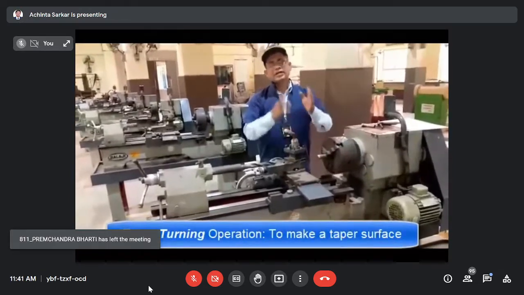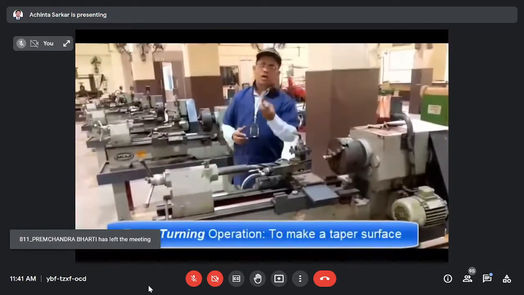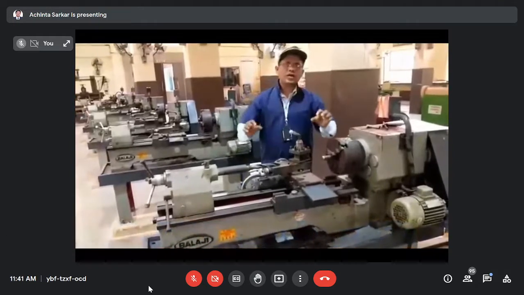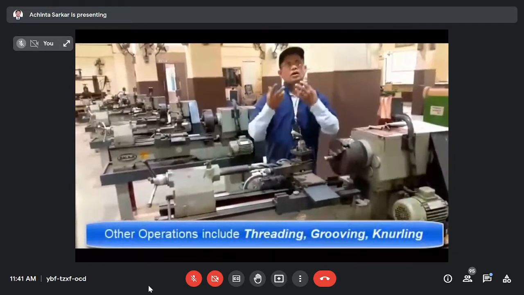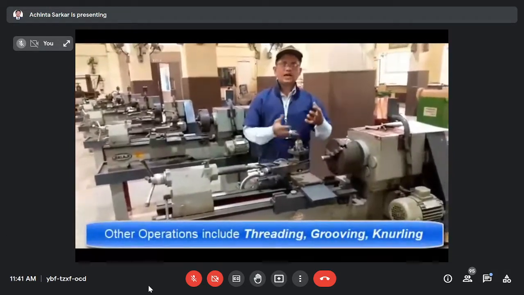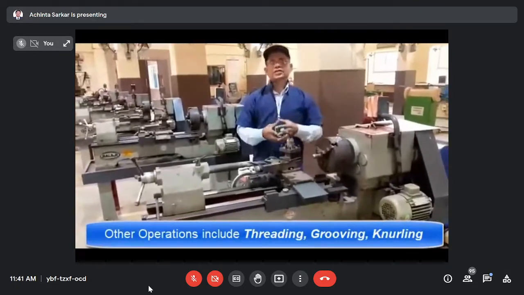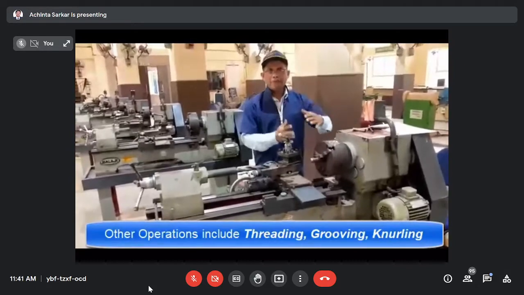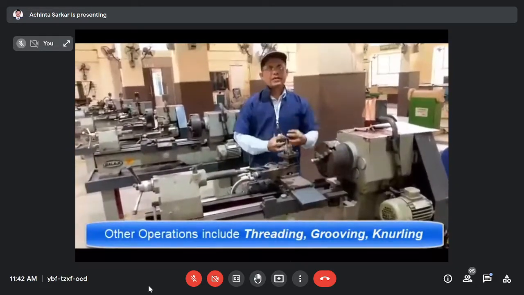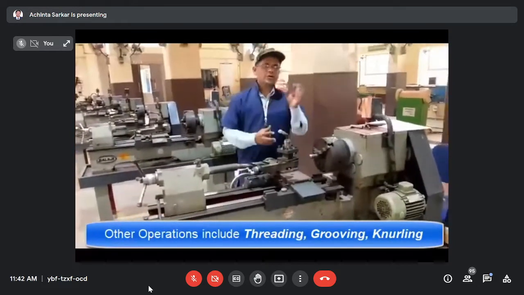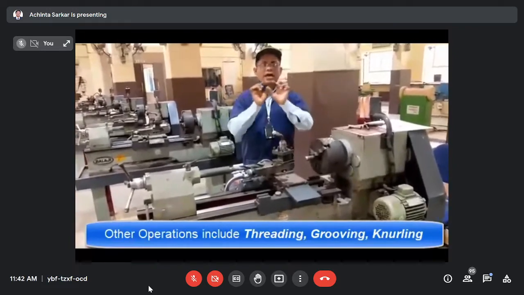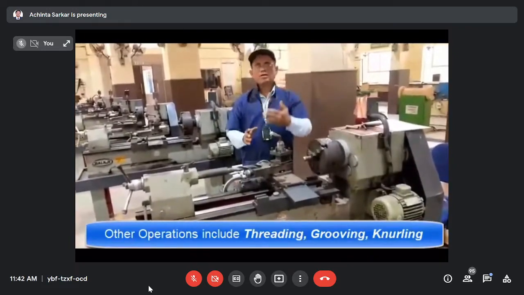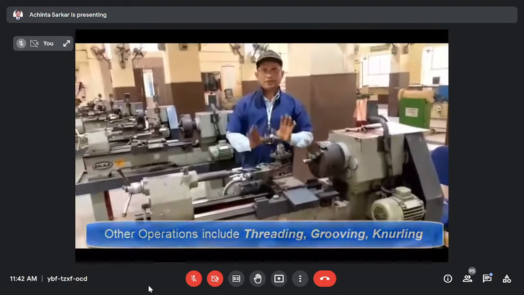Suppose you have to produce a screw type, bolt or nut; you can produce it with the help of this machine, and that is called the threading operation. So with these different operations we can produce a solid object or product.